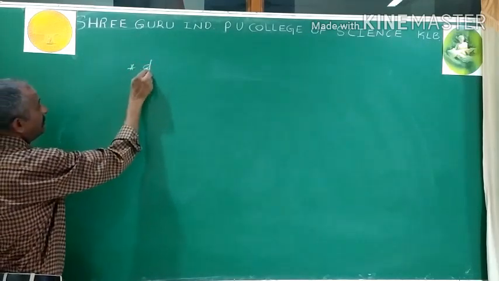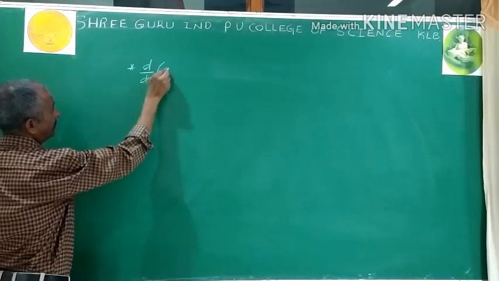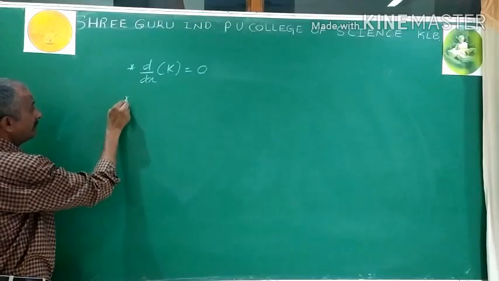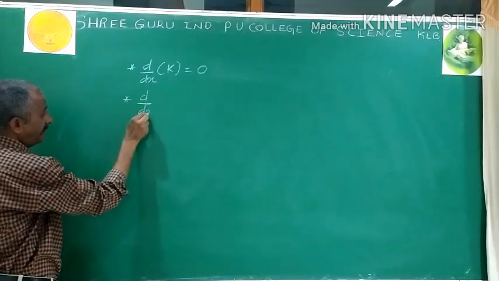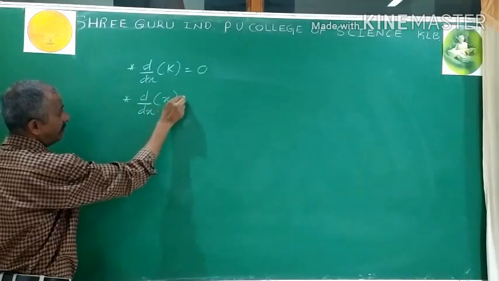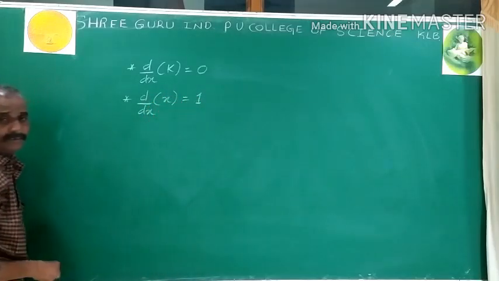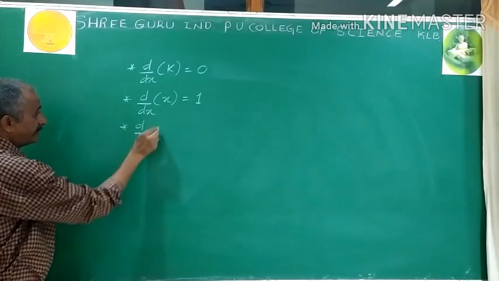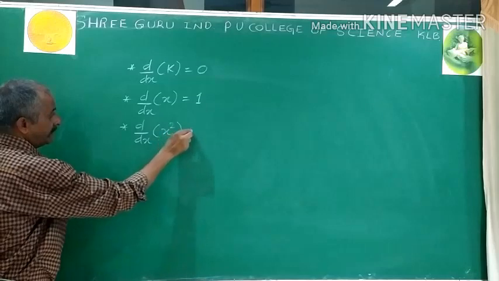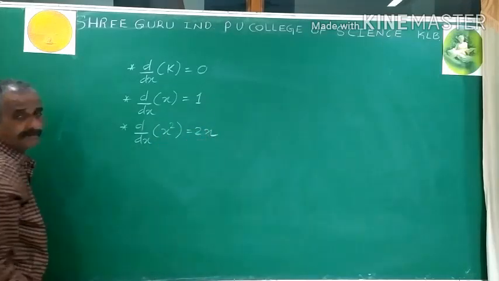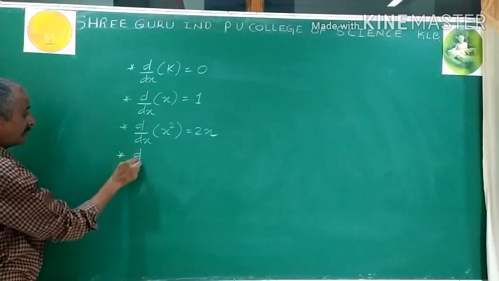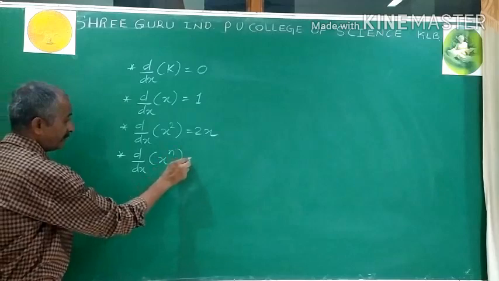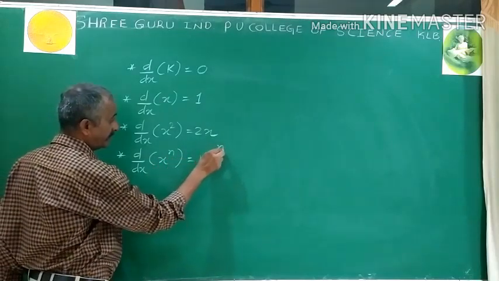First formula, dy dx of constant k is equal to 0. Next formula, derivative of x with respect to x is equal to 1. Next formula, derivative of x square with respect to x is equal to 2x. Next formula, derivative of x to the power of n, in general, is given by n into x to the power of n minus 1.